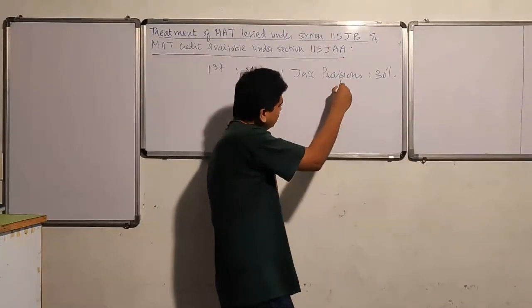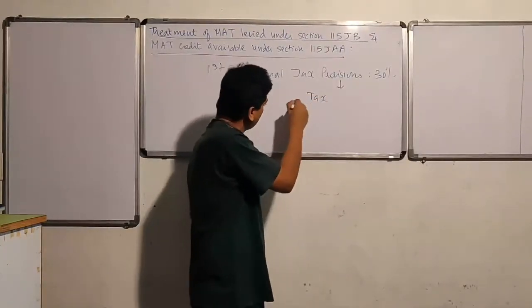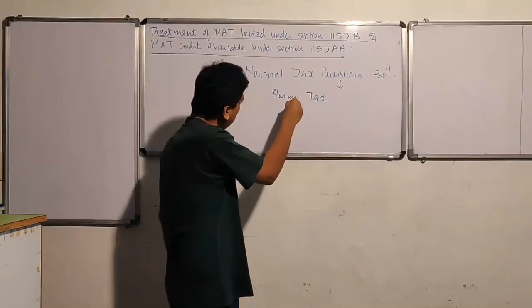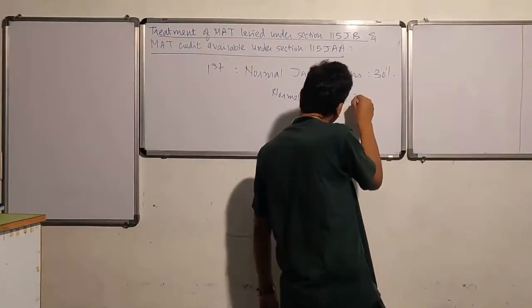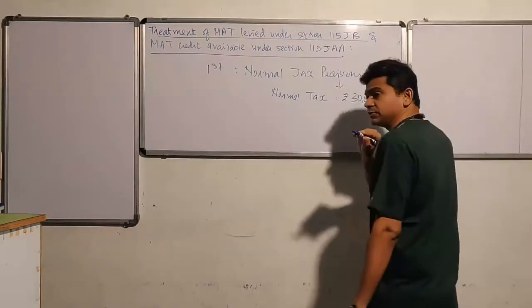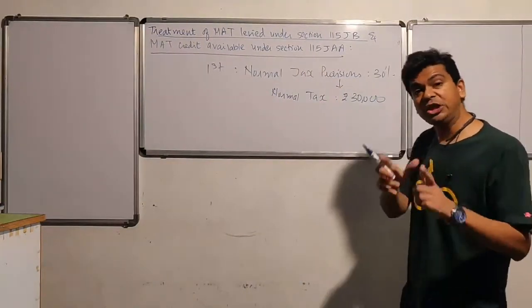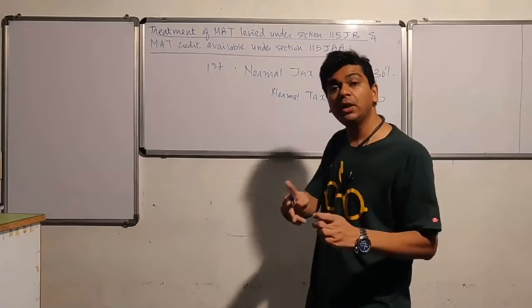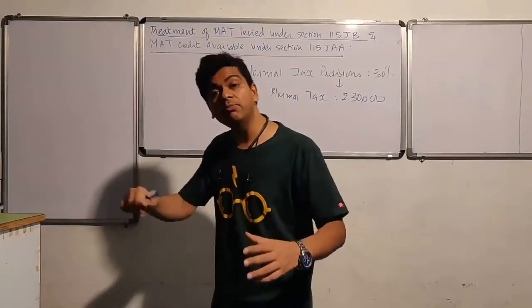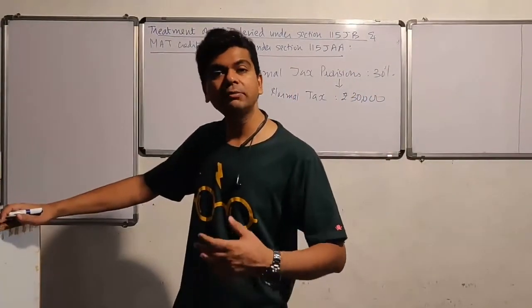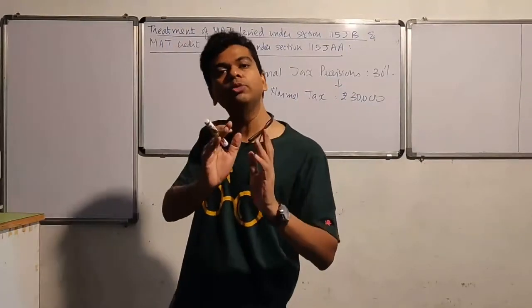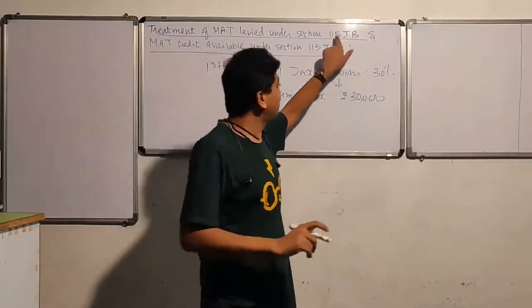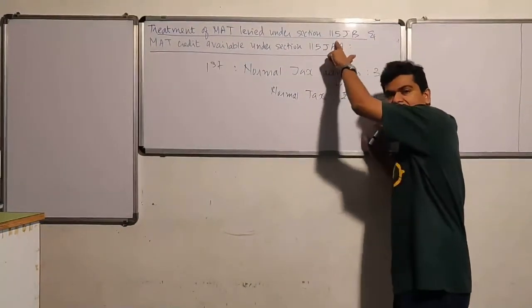Let us call that amount of tax the normal tax, or you may even call it the regular tax. Let us say the regular tax amount turns out to be 30,000 rupees. If section 115 JB is applicable to your company, you will also have to calculate book profit. When it comes to the minimum alternate tax requirements, you are supposed to compute the book profits as defined in section 115 JB.